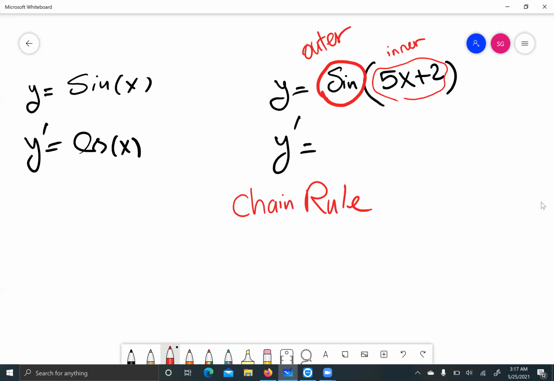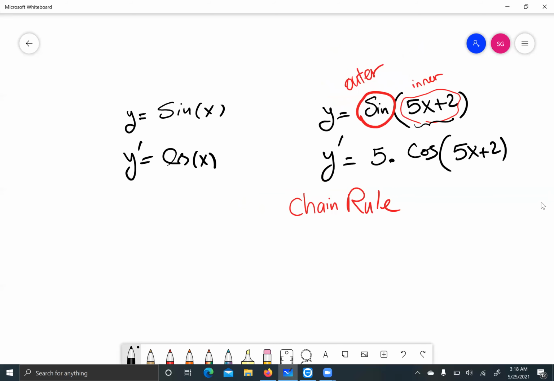The chain rule. And we said that whenever you have a composition, the derivative is going to be the derivative of the inner function, which in this case is 5, times the derivative of the outer function, which for sine is cosine, in terms of the inner function.